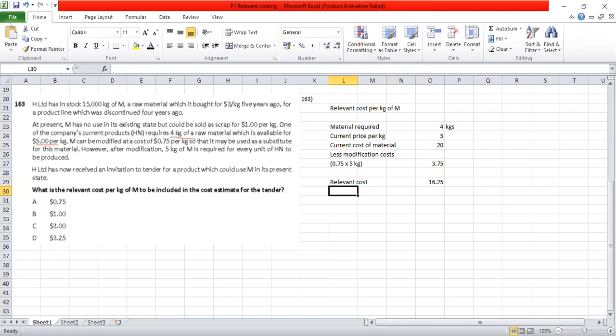Relevant cost is 16.25 per 5 kgs of material. One unit requires how much?